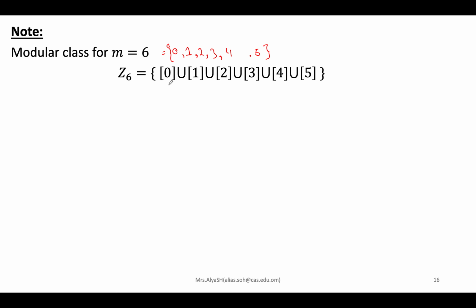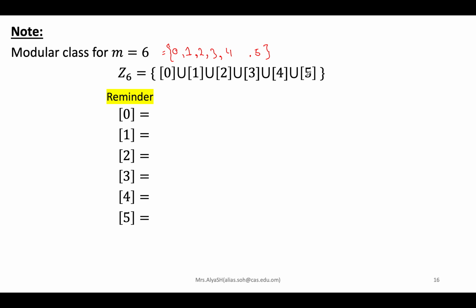Now any number, positive or negative, that is a multiple of 6 will give me a remainder 0. Otherwise, each time we will be adding 1. So we can write it as here.